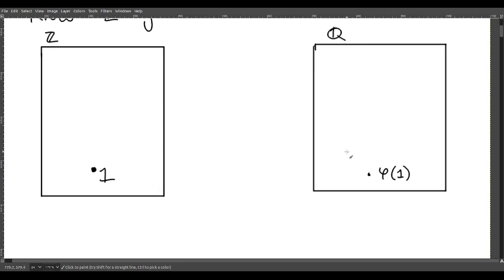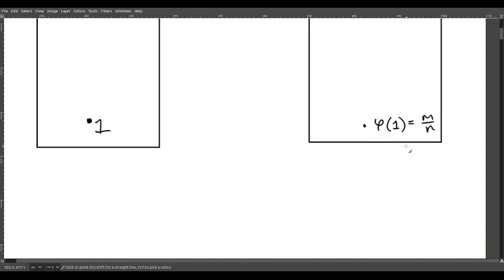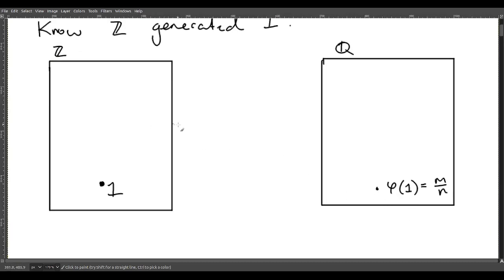Okay, so this is some fixed value that we know about, and we can rewrite this as m divided by n. So now what we're going to do is pick some completely arbitrary value in the rational numbers obeying a particular property. We're going to call it 1 over q, and we're going to say that q does not divide n.